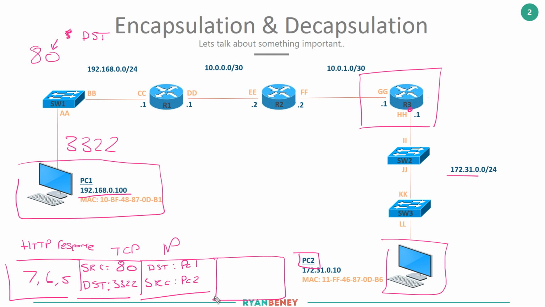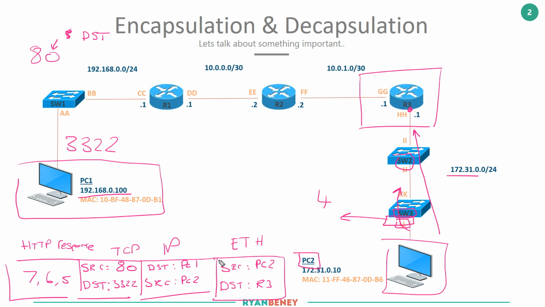So the Ethernet header at layer 2 will be the source of PC2 and the destination of router 3, and then that will get sent out onto the wire, and switch 3 and 2 will receive those frames in on a particular port, in this case the port which the MAC address LL is associated with. Let's say that's port 4.